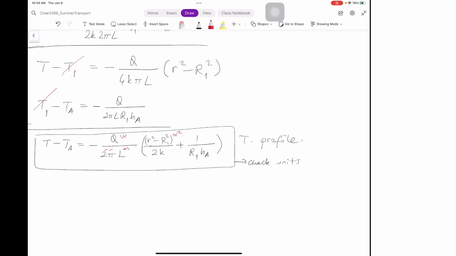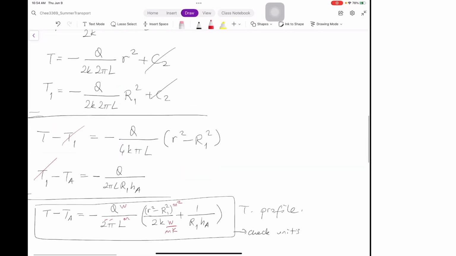This is meter square. This is watt per meter Kelvin. Okay.